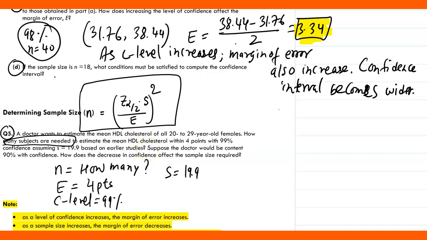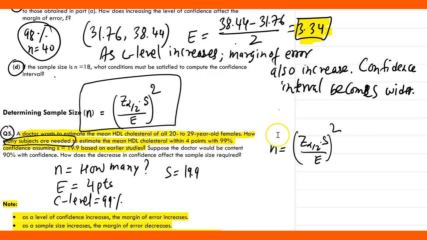Let's do this first part before the question mark. What I'm looking for is the sample size for a 99% confidence level with standard deviation 19.9. To find the sample size, we use this formula: n equals z alpha over 2 times s divided by e, to the power of 2.